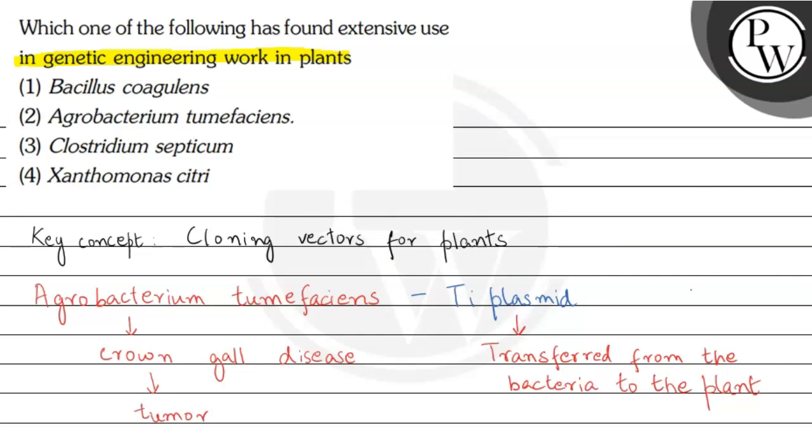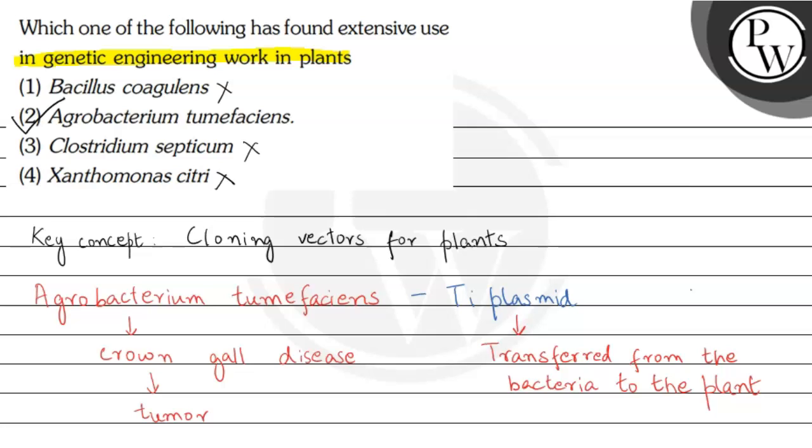So the first option, that is Bacillus coagulans, is not utilized in genetic engineering for plants, so this won't be our answer. The second one, that is Agrobacterium tumefaciens, is the one that is used for the genetic engineering in plants. And the third and the fourth, that is Clostridium septicum and Xanthomonas citri, are two different species of bacteria which are again not utilized in genetic engineering for plants. So this won't be the answer.